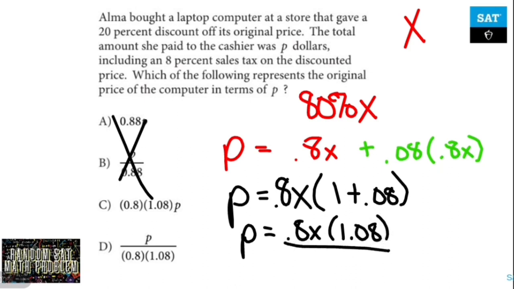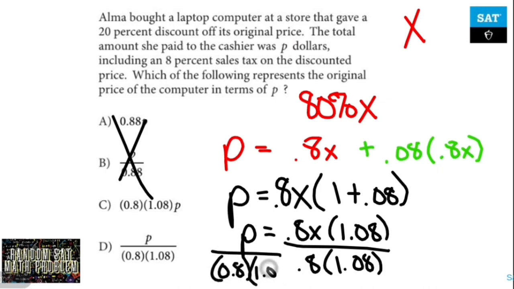If I divide both sides by 0.8 and 1.08, that leaves x all by itself. So my answer is D. So I used a different way of doing this. And a theme in some of my problems is it may not be the best way to do it, but it works out. Most of the time it works out. This time it did.